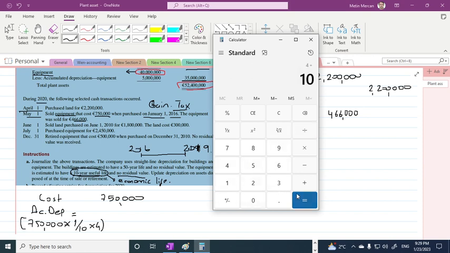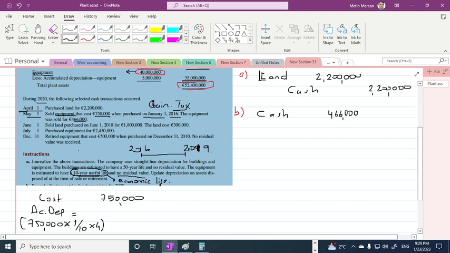So we get the expression 4 over 10. Actually, very silly doing that. $750,000, and so we have $300,000. $300,000 is our accumulated depreciation, but it is sold on May 1.